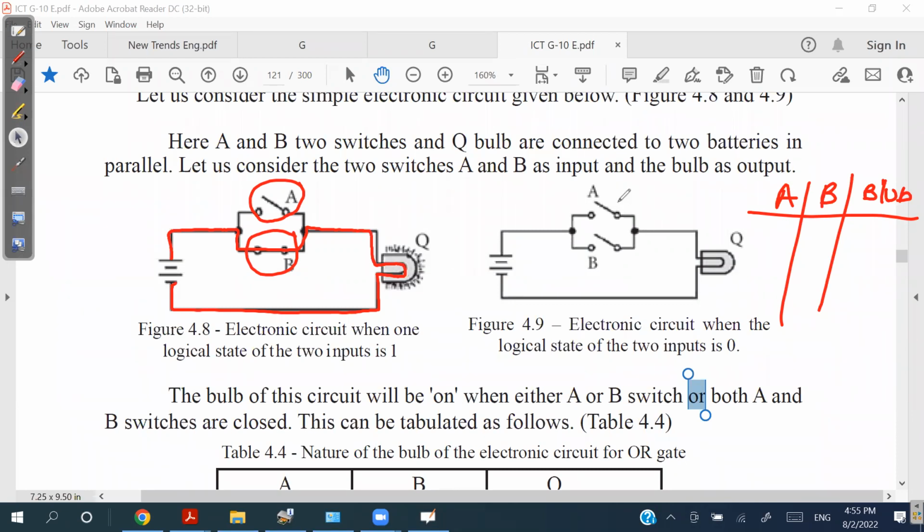The only case where the bulb does not light up is where both the switches are not closed, right? That means in the 0, 0 position, the open position is considered as 0, and the bulb is not lighting up.